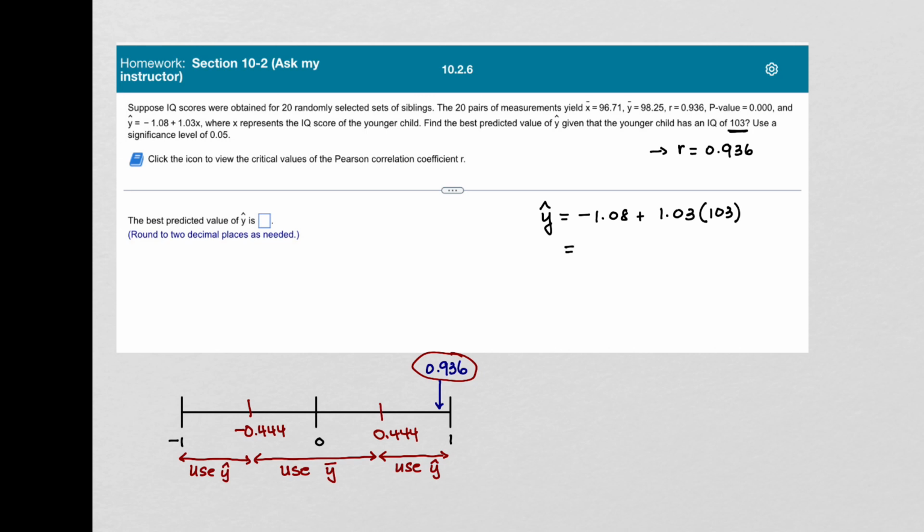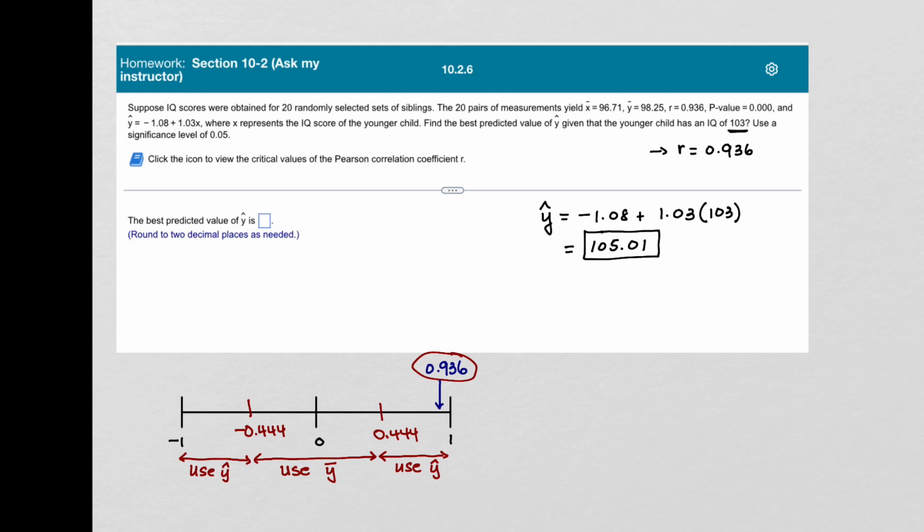So when we calculate this, we get 105.01. And that's my best predicted value for y in this case, because we can use that regression equation because there is a strong linear relationship.